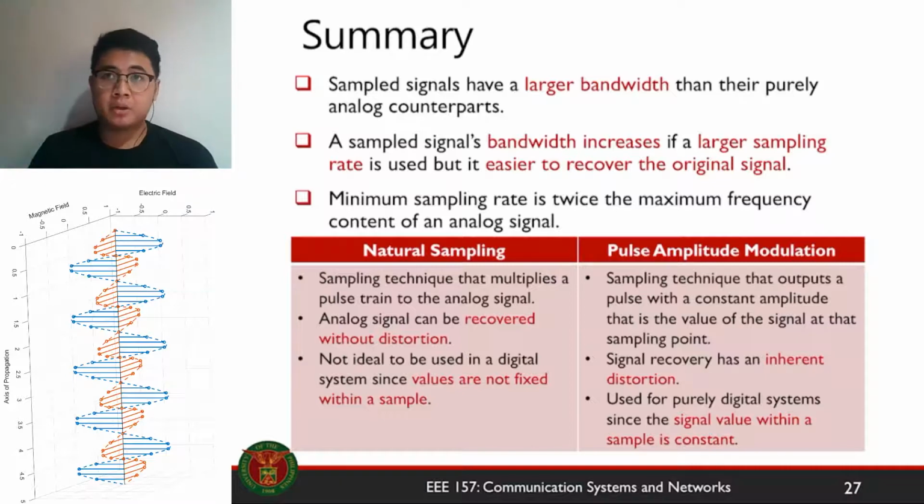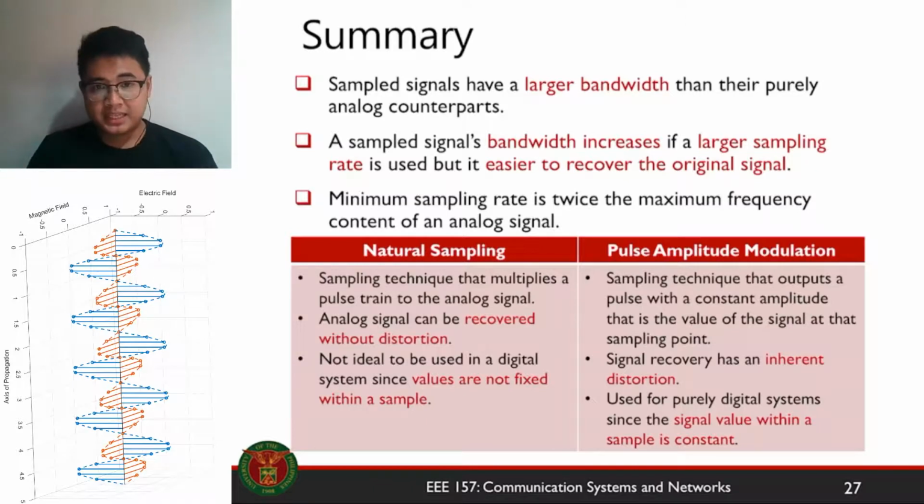And as you all know already, the minimum sampling rate should be twice the maximum frequency. The difference between natural sampling and pulse amplitude modulation was laid out earlier: natural sampling in the time domain becomes PAM in the frequency domain, and PAM in the time domain is natural sampling in the frequency domain.